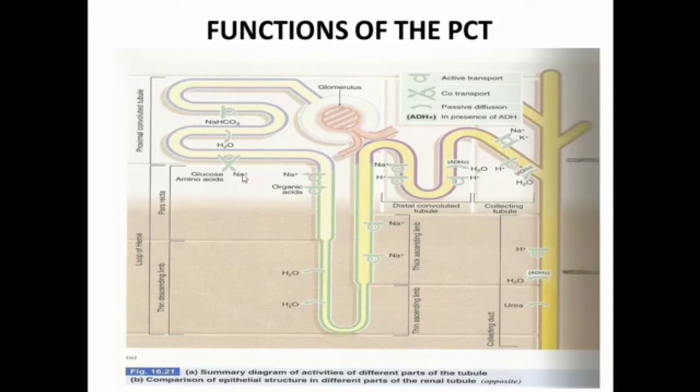What are these? These are bile salts and organic acids. What are these organic acids? Organic acids are oxalic acid, uric acid, citric acid, formic acid. So these are pushed into the glomerular filtrate.